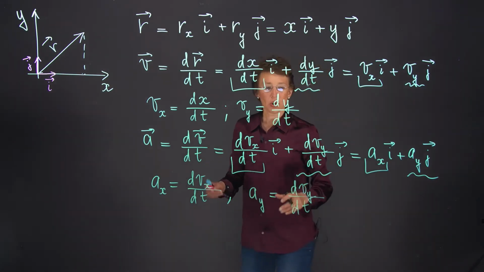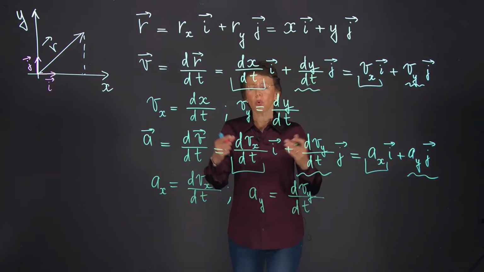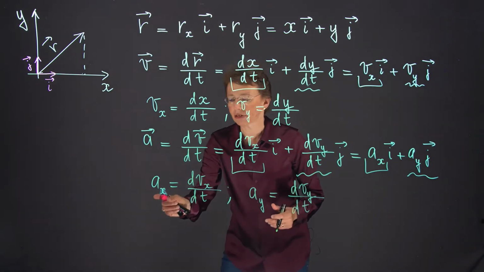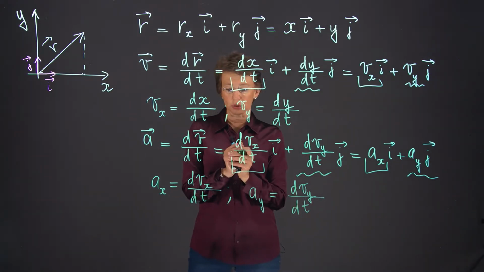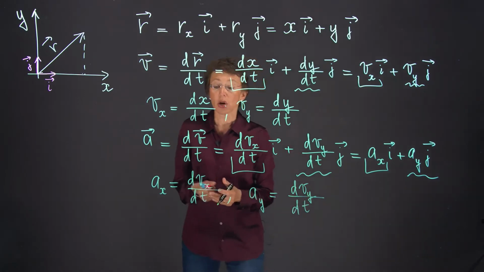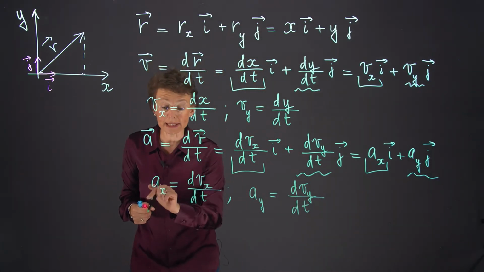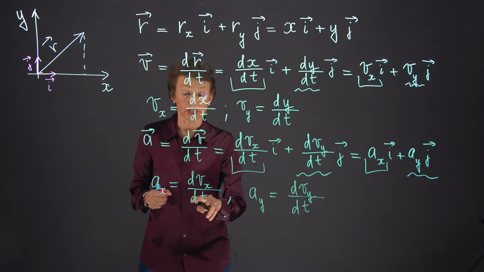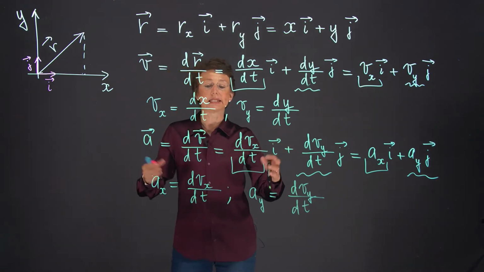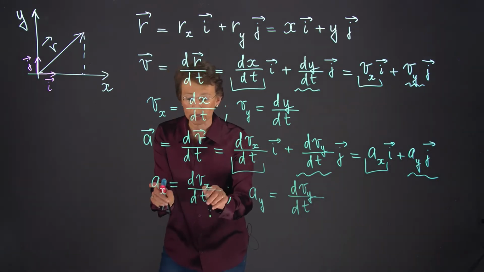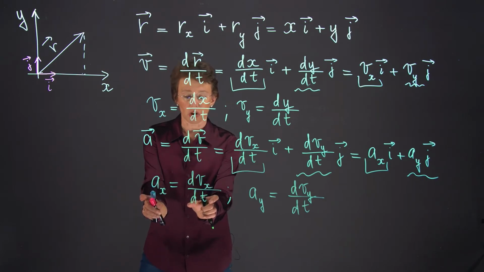All right, wonderful. Now, what if I'm given the acceleration and I want to find the velocity? What do I need to do? Well, I need to take an integral, antiderivative, indefinite integral, or definite integral. Both ways it will work. I will take the indefinite integral of this expression.